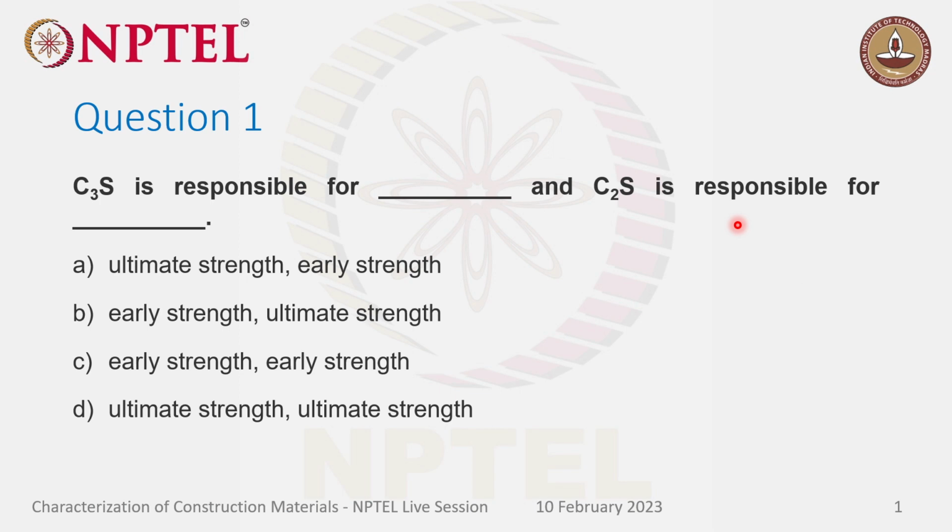So here is question 1. This particular week 1 content is an overview of construction materials. In that, C3S, tricalcium silicate, is responsible for what? And C2S, dicalcium silicate, is responsible for what? We have given options here, either ultimate strength or early strength. You have to find the right one and give your answer.